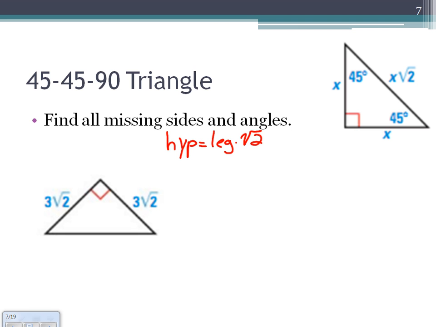What is the value? What have I given you? Are these legs or are these hypotenuses? Legs. So I'm going to plug in hypotenuse is equal to 3 root 2 times root 2. Did everyone get to this step?